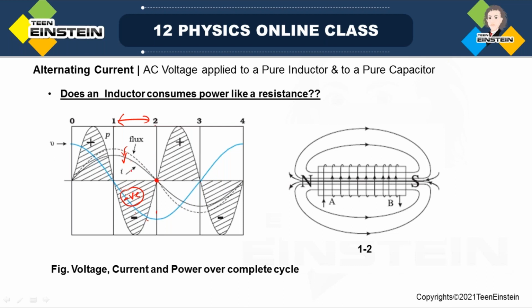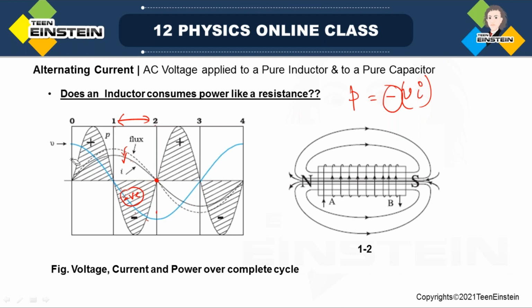Since current is positive and voltage is negative, their product, the instantaneous power, will be V into I with a negative sign. Since current and voltage are in opposite directions, one in the positive direction, another in the negative direction, and I'm just multiplying V and I with their proper sign, the power also will be negative over here.